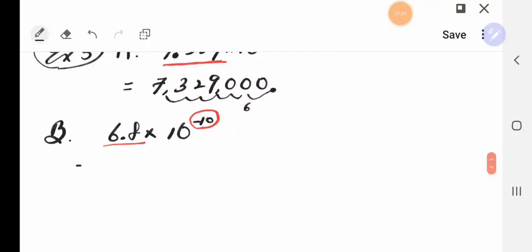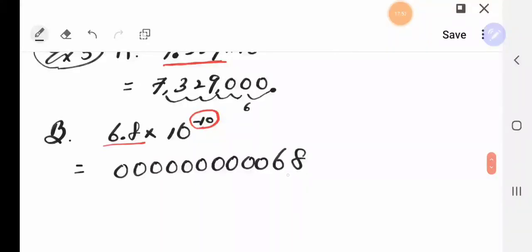So from here, let's put 10 zeros: 1, 2, 3, 4, 5, 6, 7, 8, 9, 10 zeros, and write 6, 8. And then move the decimal point 10 places to the left because we want to make it small. 1, 2, 3, 4, 5, 6, 7, 8, 9, 10. So this is the place where the decimal point should move. We moved 10 places to the left.